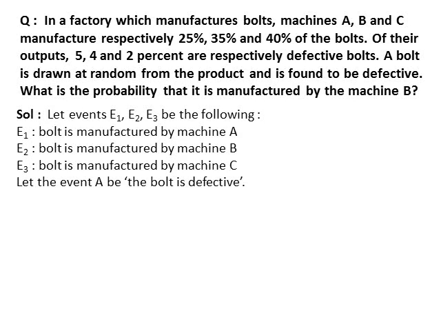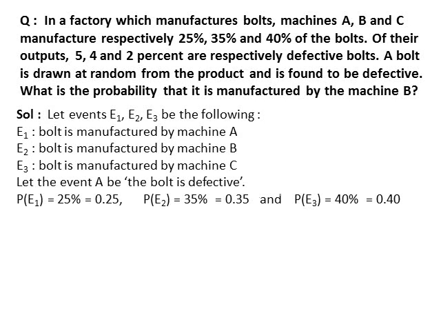As 25% of the total bolts are manufactured by machine A, P(E1) equals 25% equals 25 by 100 equals 0.25. Similarly, P(E2) equals 35% equals 35 by 100 equals 0.35, and P(E3) equals 40% equals 40 by 100 equals 0.40.